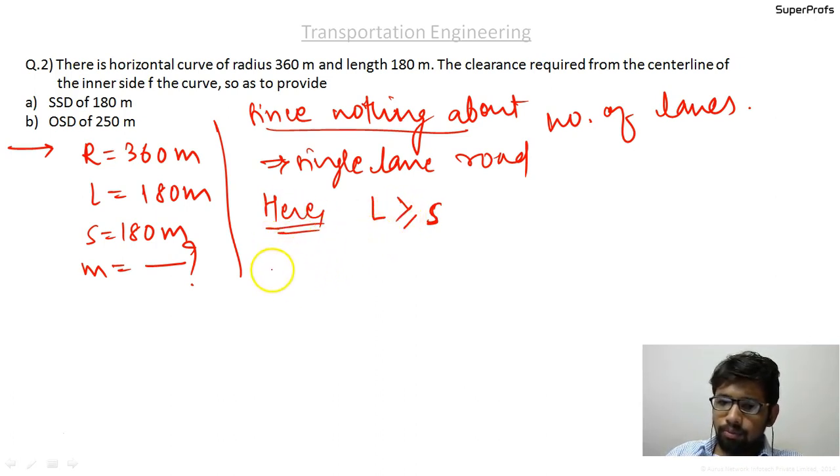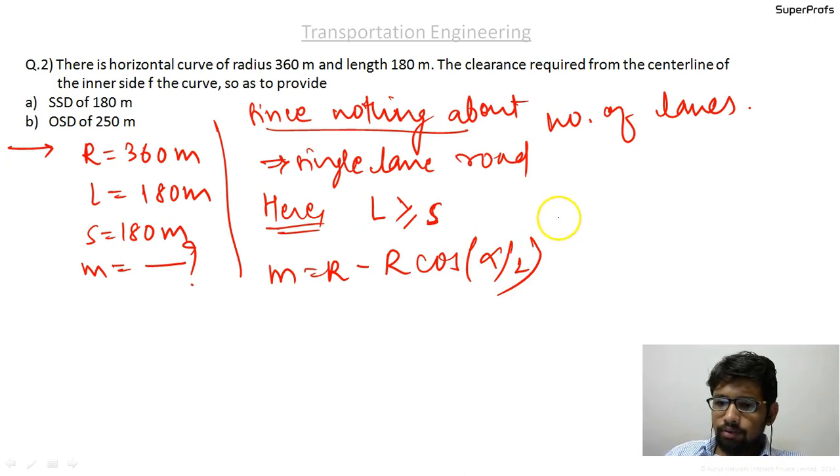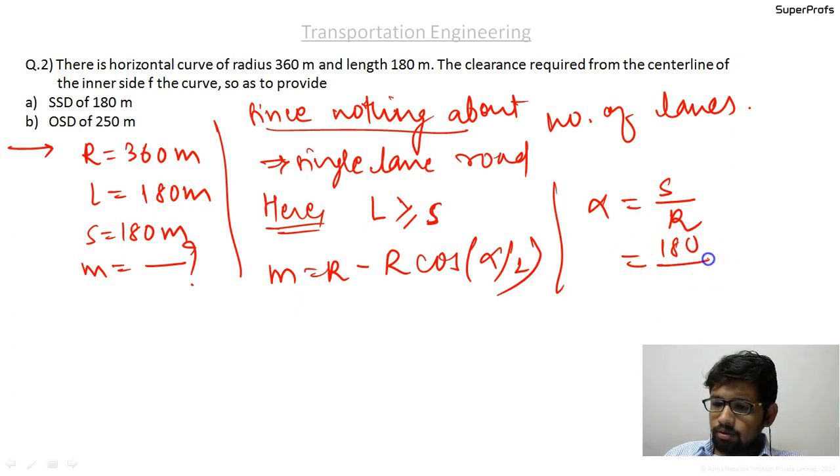So we have the formula M equal to R minus R cos of alpha by 2, but we don't know the alpha value, so alpha equal to S upon R, equal to 180 upon 360 in radians.